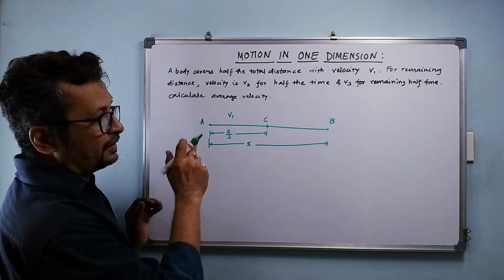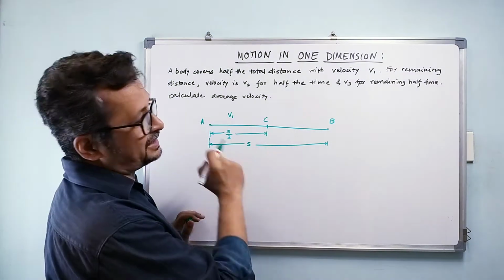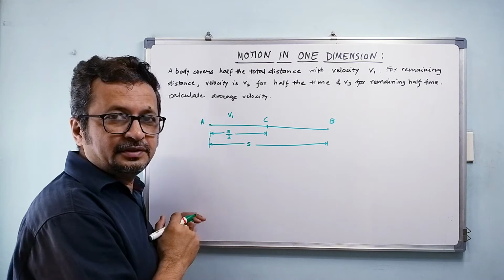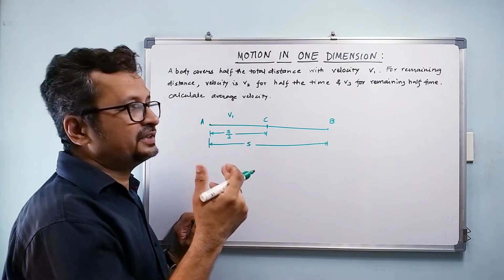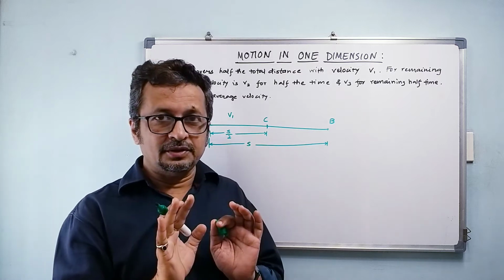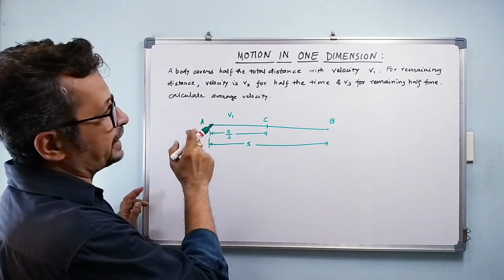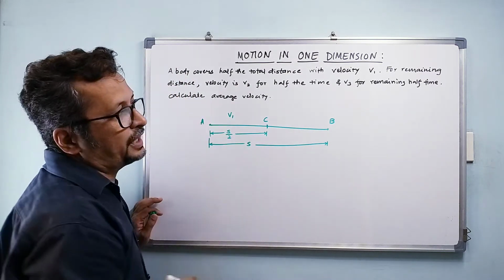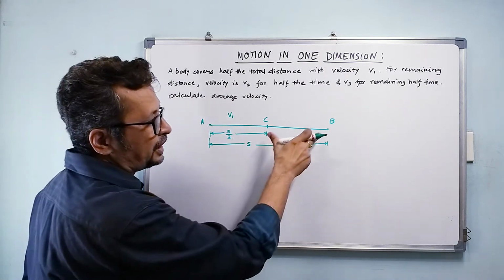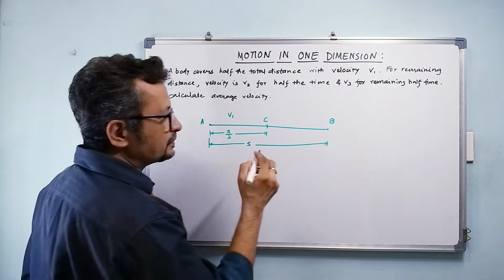Now I start from C. Up to from A to C it is v1. What is happening after C? Now for the remaining distance, half the time it is v2 and for the remaining half it is v3. Now it is half the time, correct?